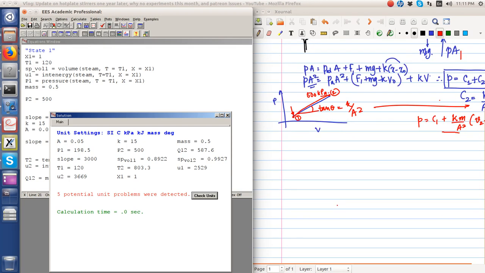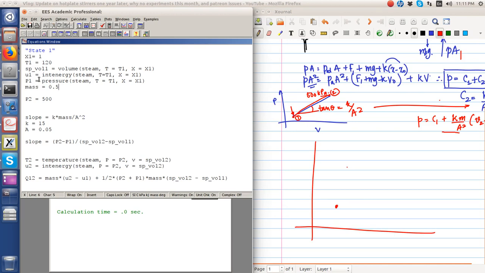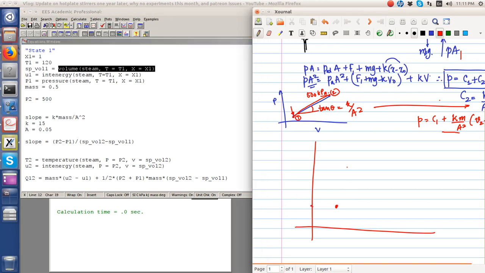So I repeat, the idea is very easy in the sense that the pressure and the volume have a linear relationship. We are given the initial pressure as this, and the initial volume is also found because the point in the PV plane is identified with P1, V1.